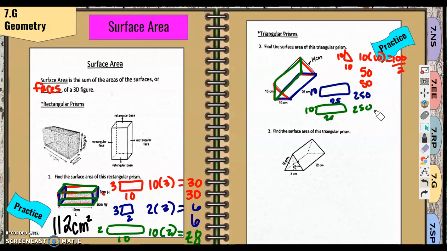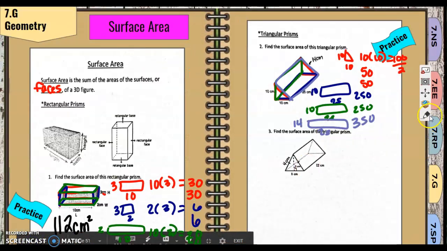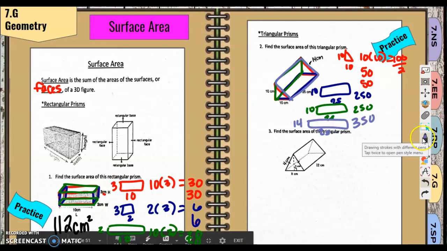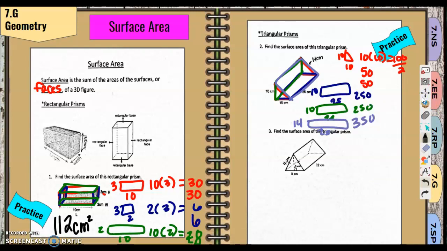And then I have 25 times 14, which is 350. So when I add all of these together, that's going to give me 950 centimeters squared.